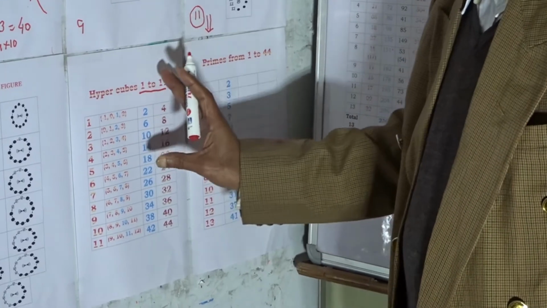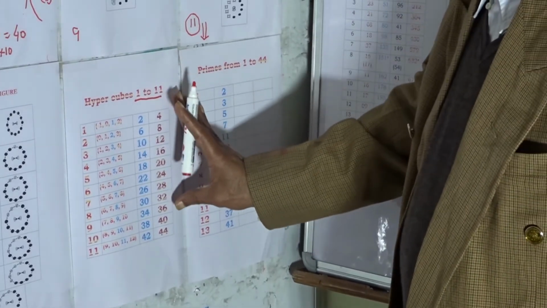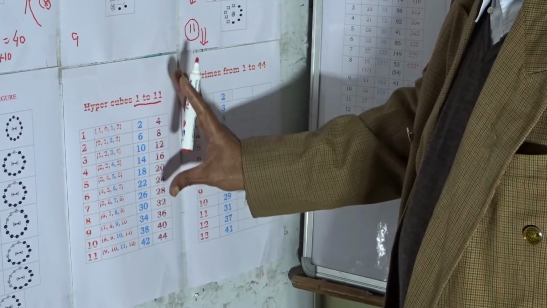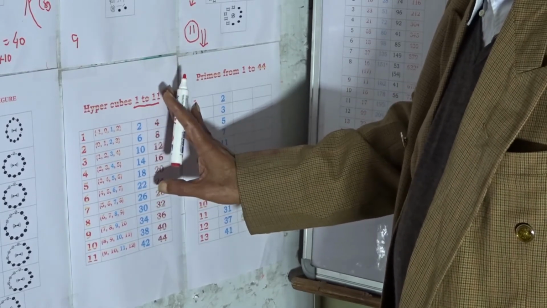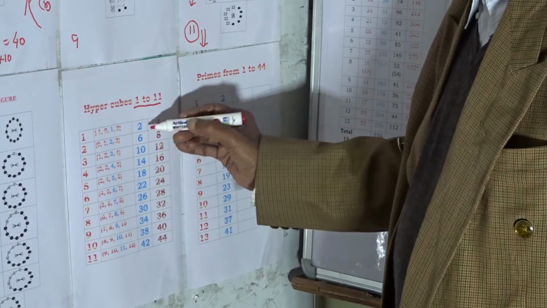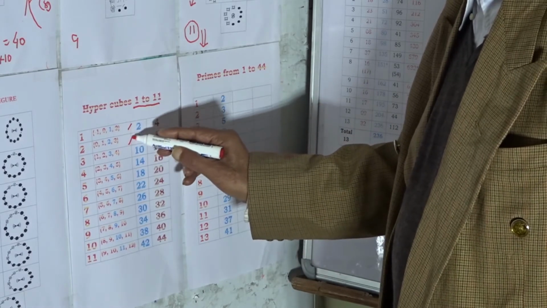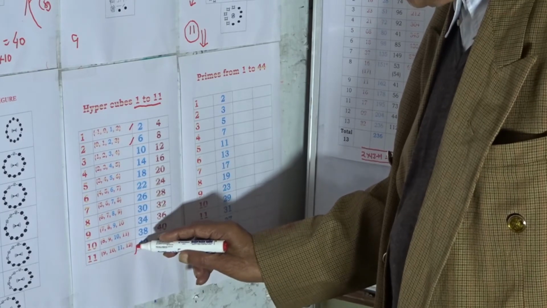But we know that if we are having fourfold manifestation layers of hypercubes 1 to 5, then it will be leading us to summation values 2, 6 and ultimately 42.